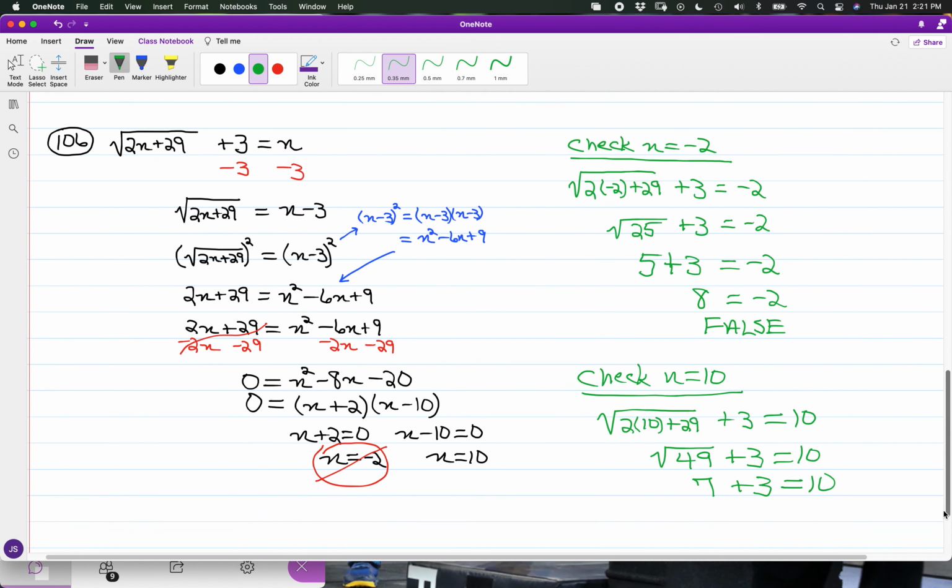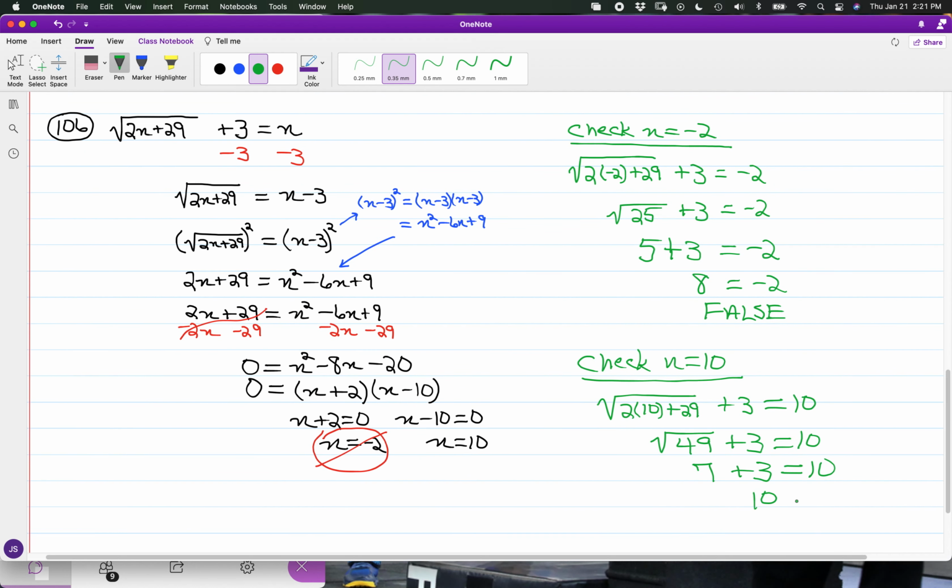And we have 7 plus 3, which is going to be 10. And we have 10 is equal to 10. So that is going to be true. Where n equals negative 2 comes up short upon examination, 10 works out as the solution. And so for 106, there is only one solution for n, and that is going to be at 10.